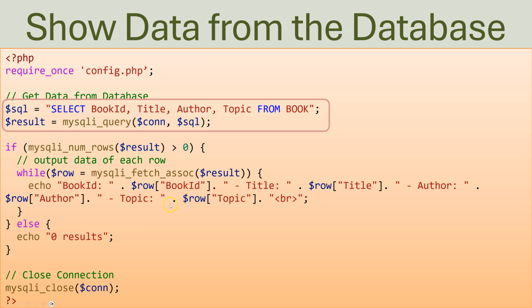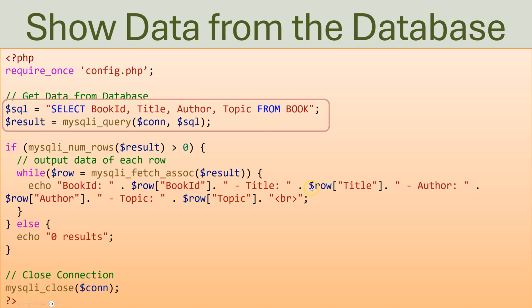into a web page, and then in order to retrieve specific values from the database, we just use the row functionality, which is part of PHP, and the name of the column. So in this case, $row book ID will retrieve the book ID.